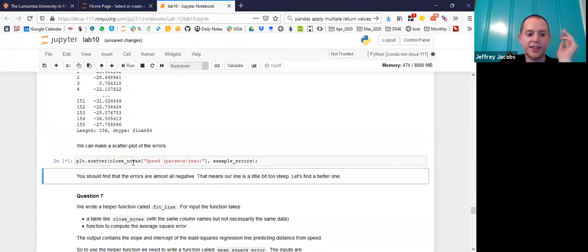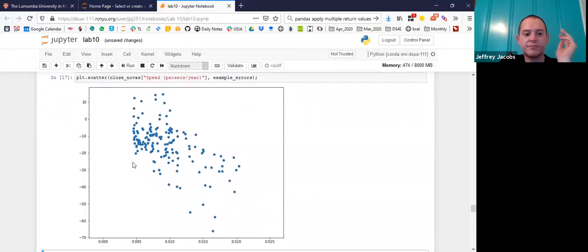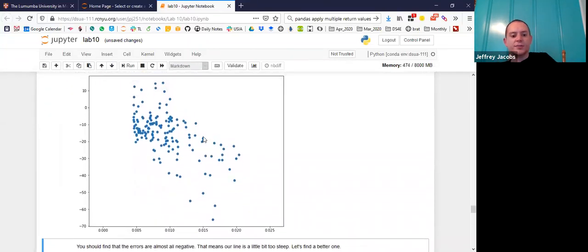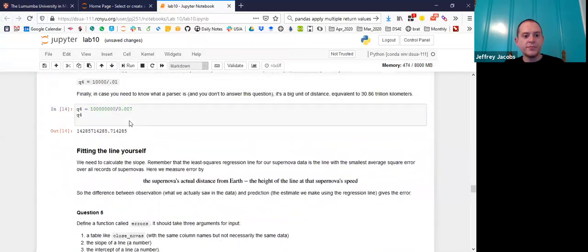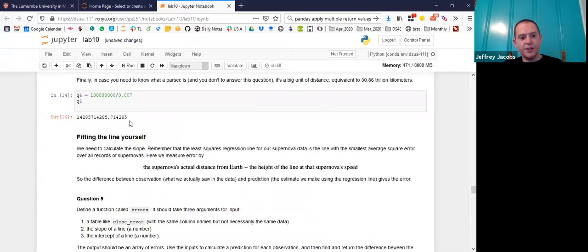And if we look at a scatter plot, yeah, you can see. 0 would mean that we perfectly predicted that point. Meaning if a point's y coordinate is 0, that means that for that point, we were able to perfectly predict the distance from the speed.